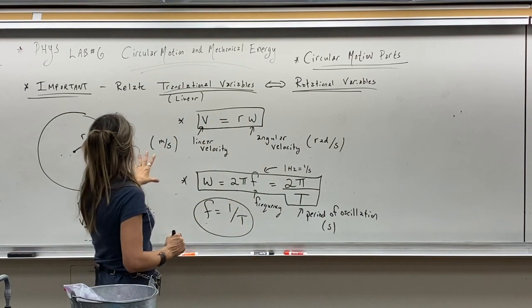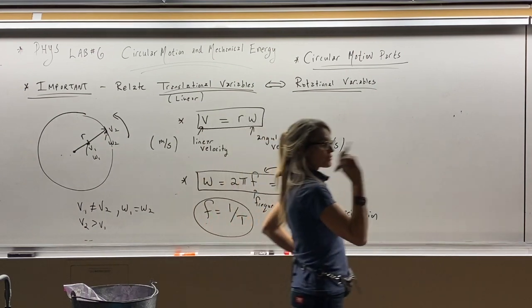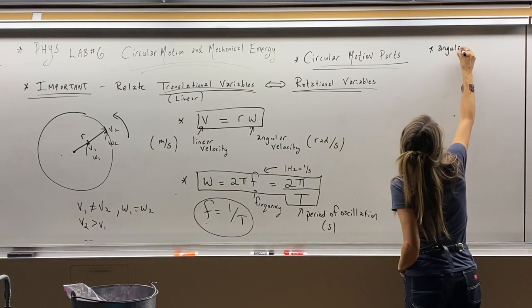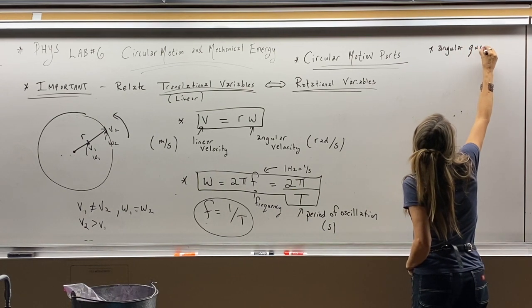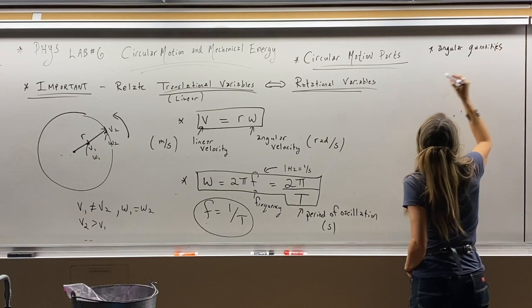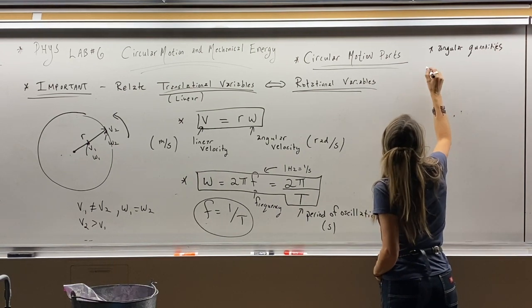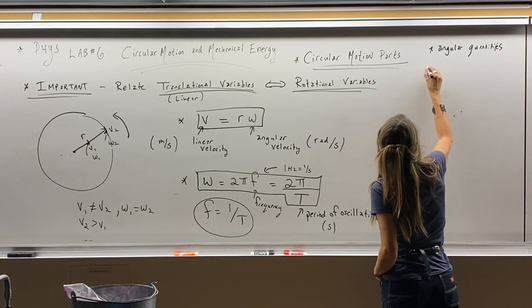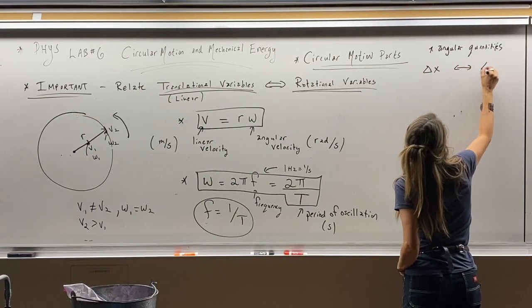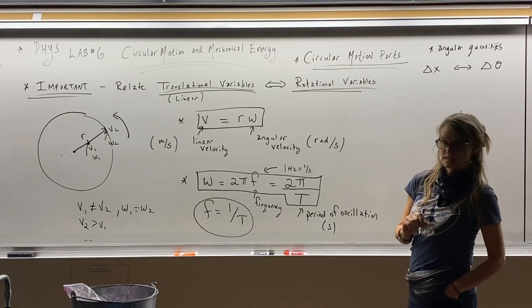Okay. Now a little later on you're going to get to angular quantities, which are a little different than your linear quantities. So instead of displacement, like delta x, delta y, or delta z, we would use delta theta for displacement.